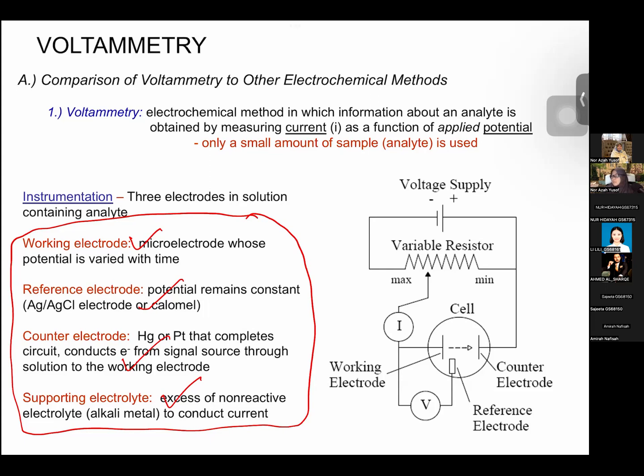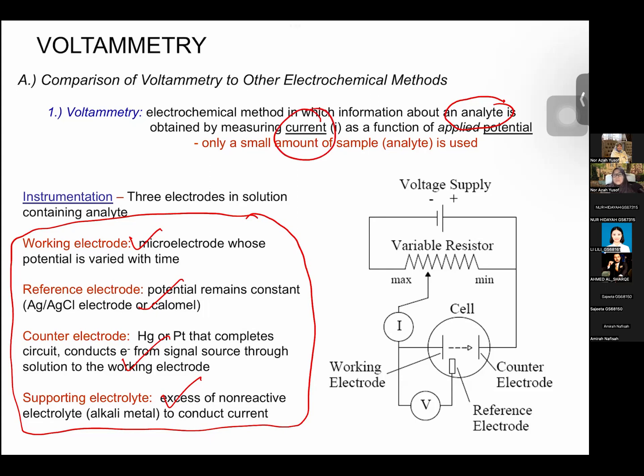In voltammetry, we would like to get information about the analytes, whether qualitative or quantitative, based on current.